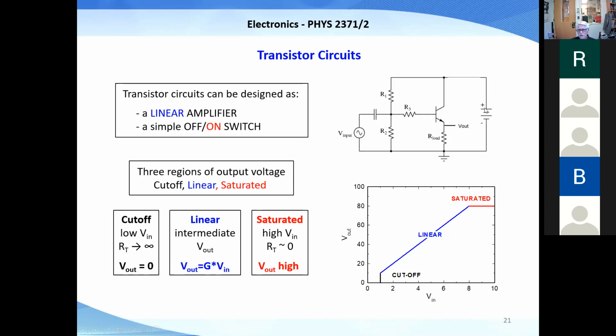Once you get to, you can't get any more voltage out of this V-out than the battery you put in for the power supply. So that's saturated at some voltage. You can't get any more out. So you're going to build this circuit and look for these three regions.